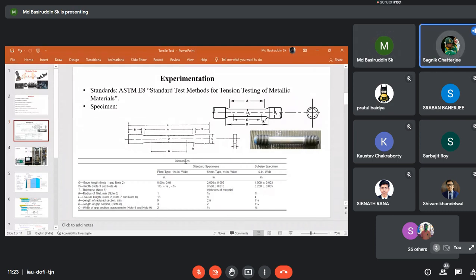So cracks, inclusions, pores. Yeah, cracks, inclusions. Any other? Pores, voids. So these things are the macroscopic defects.